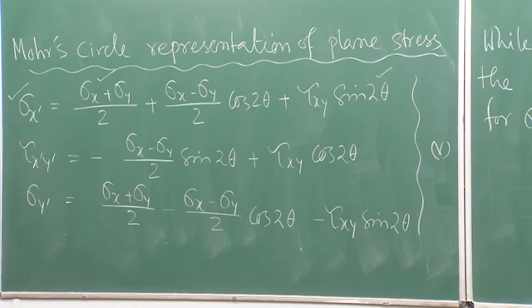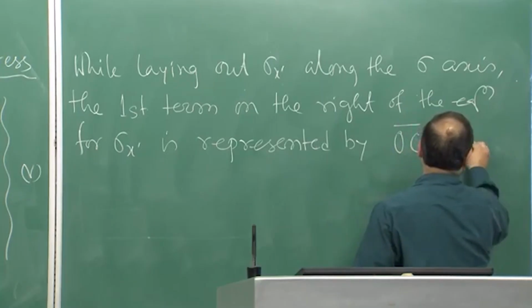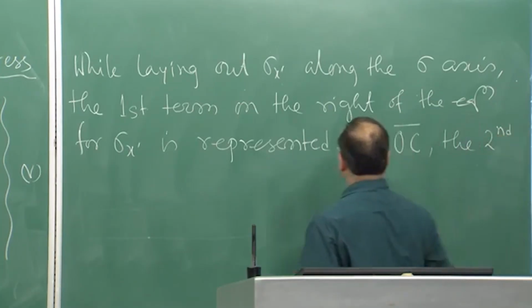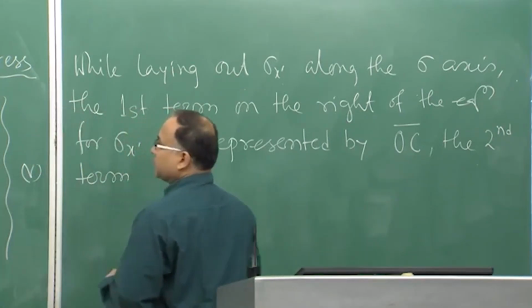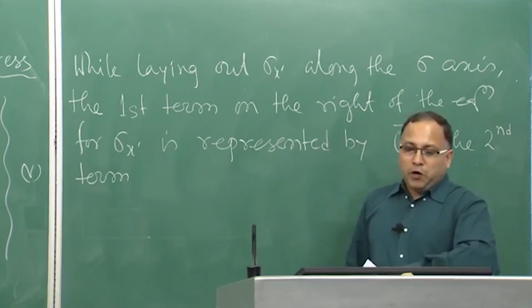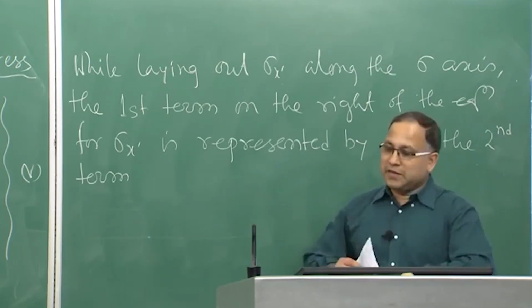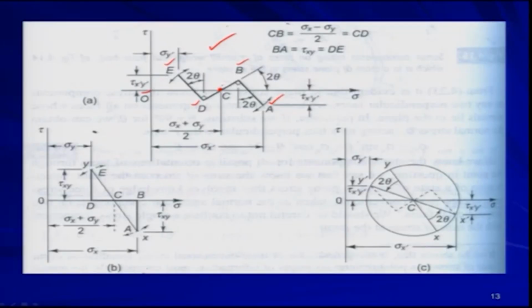Now, the second term. What is the second term? If you look at CB here, this is CB. What is the meaning of the second term? CB is nothing but sigma x minus sigma y by 2, that is given, and in that way we have constructed the graphical representation, right.